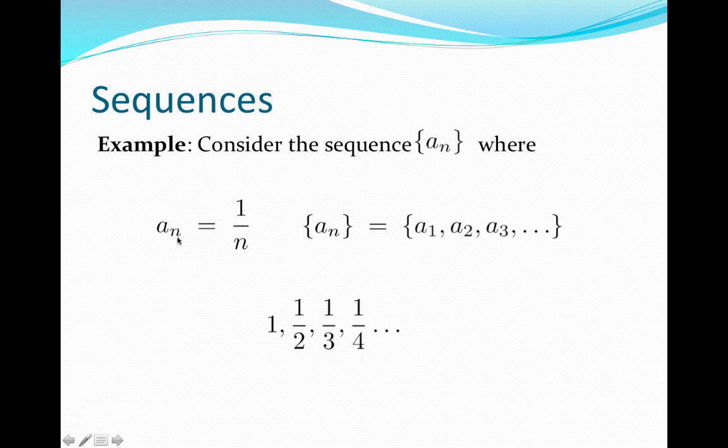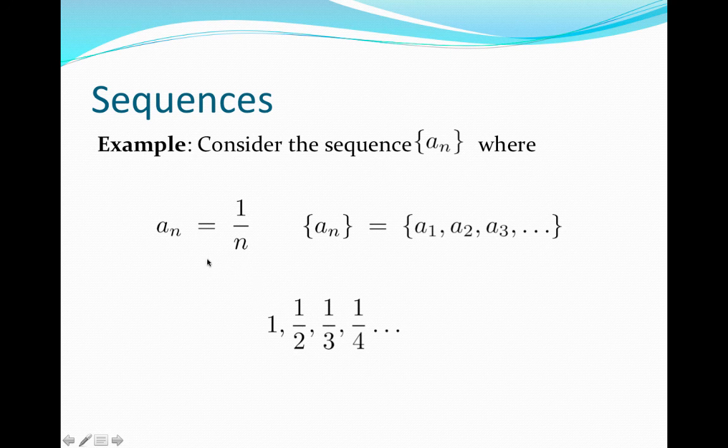Notice that this n in a sub n corresponds to this n in the formula. So a sub 0 would be 1 divided by 0, which we know is an undefined number. It's essentially infinity. So that's why we need to define this sequence on the set of positive integers and not define it for 0, because a sub 0 is an undefined term using this formula.